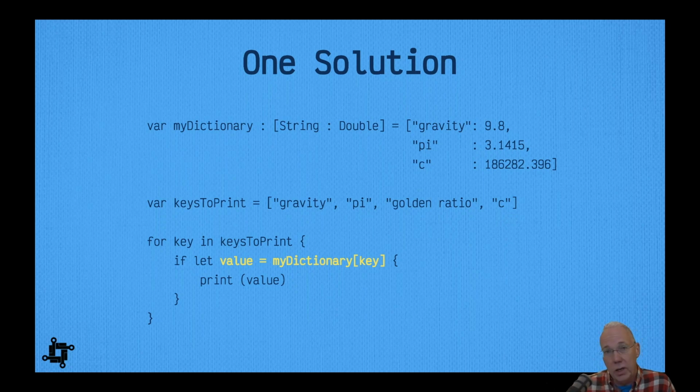And then we can use our if let. So we could say if let value equals my dictionary keys. Here's where we're referencing the dictionary, we're passing the key, and note that if it exists, this print will print. But if it doesn't exist, it will skip that statement. We will have no error, no crash, no printing of nil. We will just print these 3 valid values.